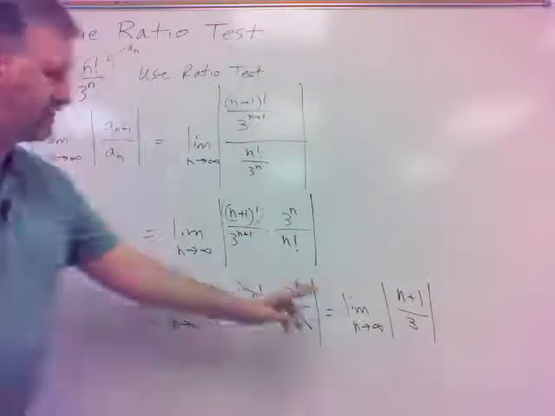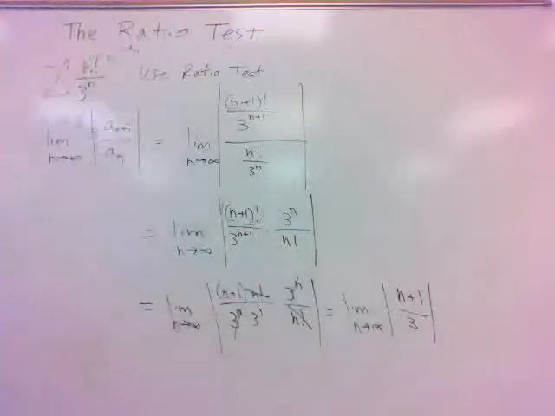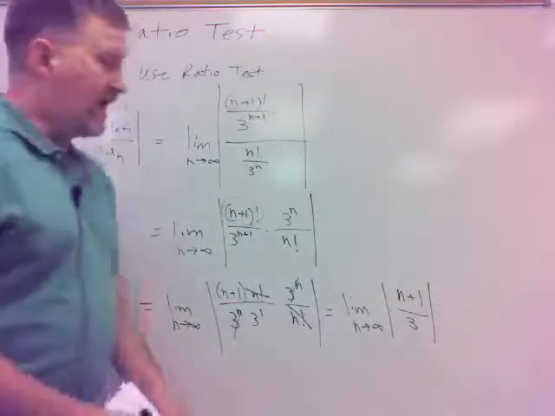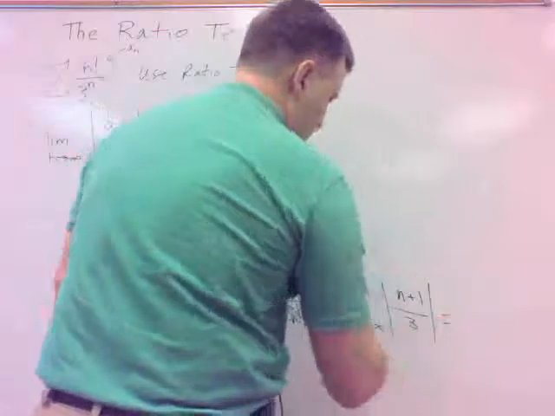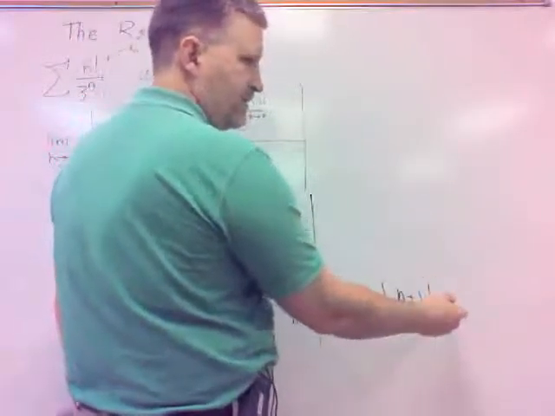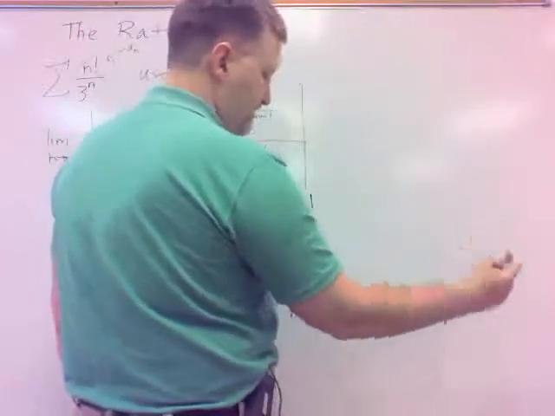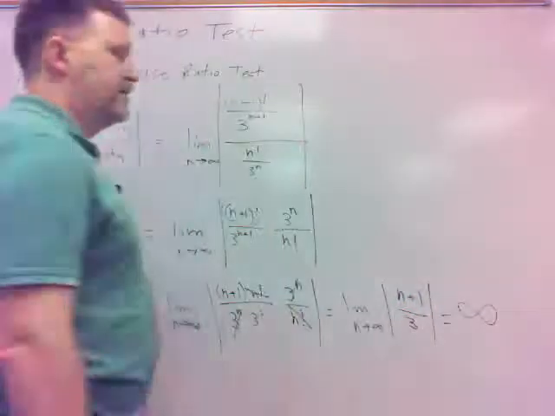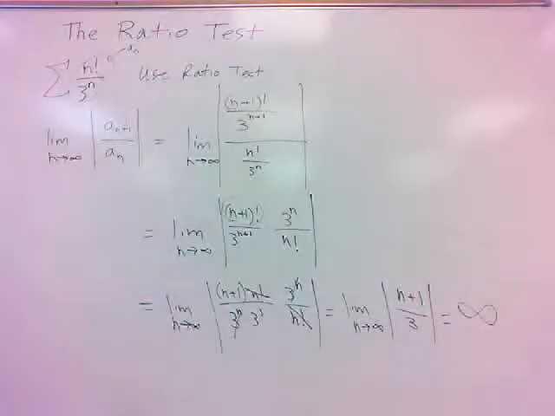Well, what about the limit as n goes to infinity of n plus 1 over 3? That is, of course, infinity, isn't it? Infinity plus 1 divided by 3. Well, infinity plus 1, that's infinity. Divided by 3, that's still infinity. All right, so what about that?